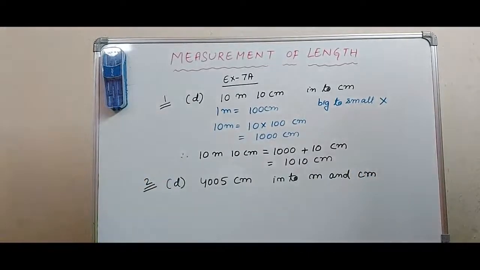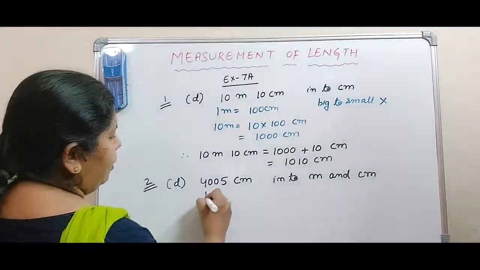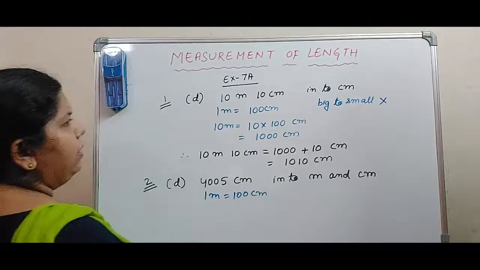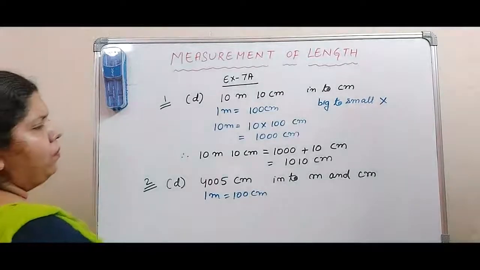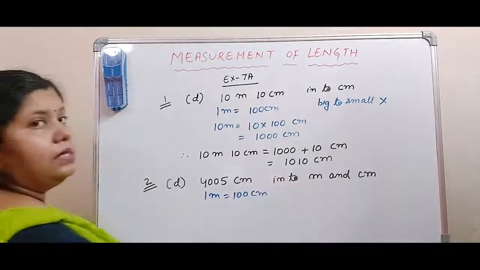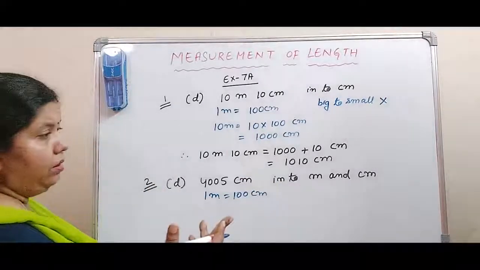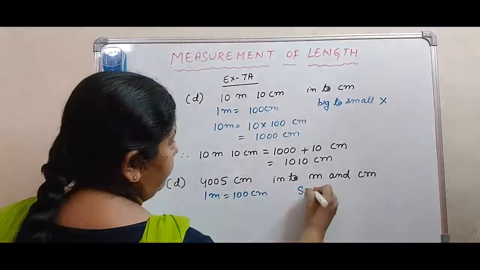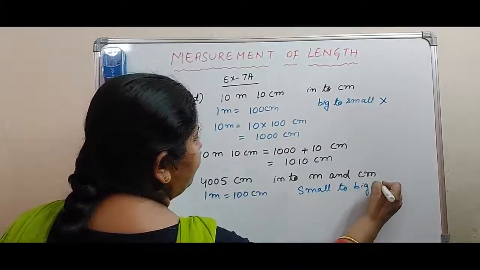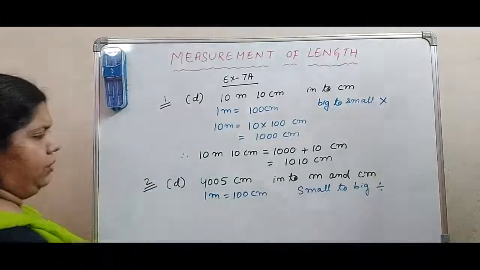Again the same thing that you have to understand. We know that 1 meter equal to 100 centimeter, and it is a conversion from what to what? That is centimeter to meter, means it is a small to big conversion. So what we have to do? We have to do division.